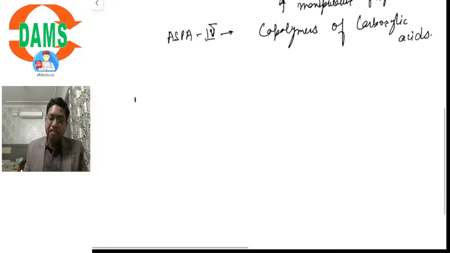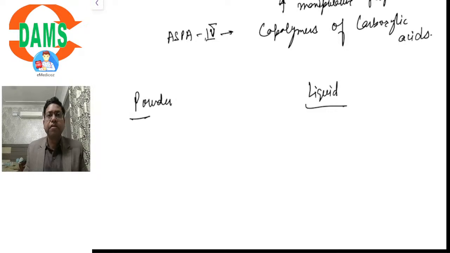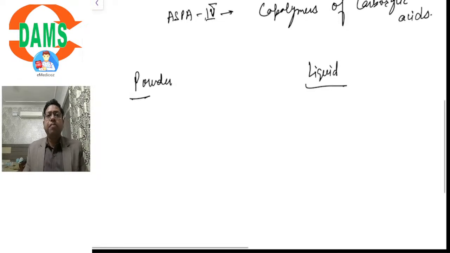The contemporary glass ionomer cement is basically a powder and liquid system. The powder, as the name indicates, is the glass powder. What is glass powder?